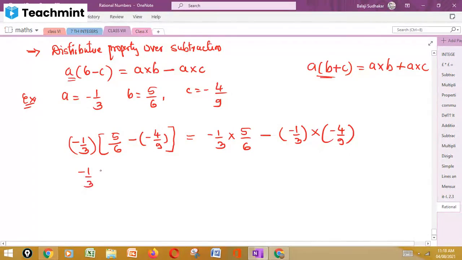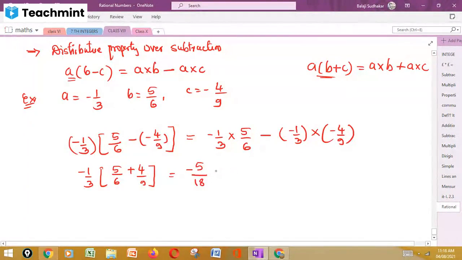Minus 1 by 3 keep as it is. Now 5 by 6. Here minus into minus is plus, therefore plus 4 by 9. Very good. And here minus 1 into 5 is minus 5. 3 sixes are 18.